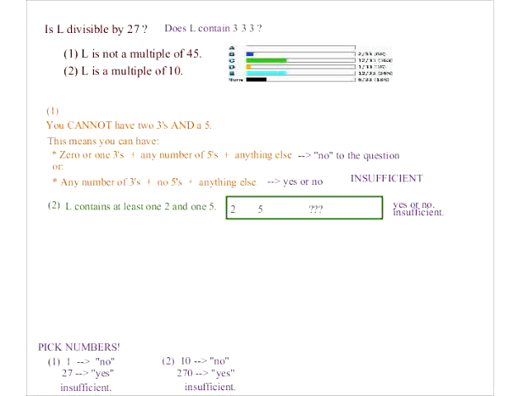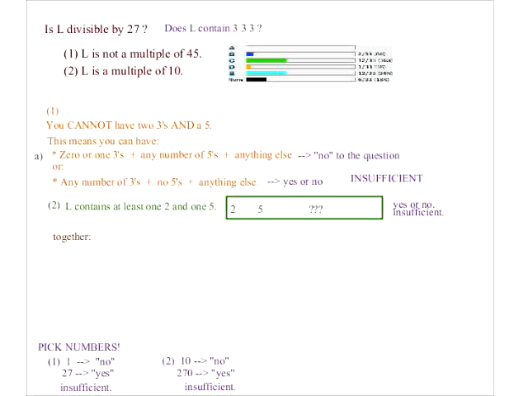And if you combine these statements together, then let's note what is still possible here. Let's number these possibilities.